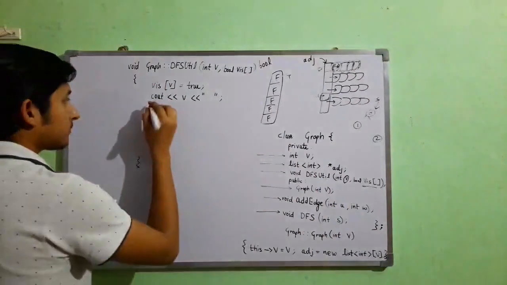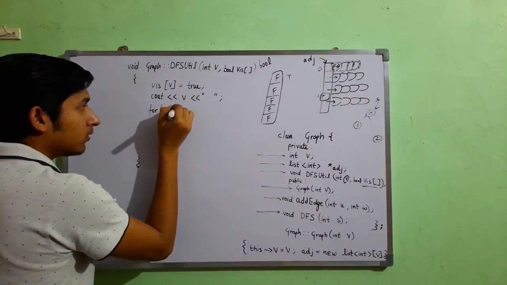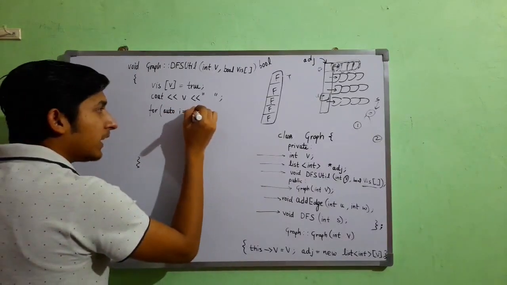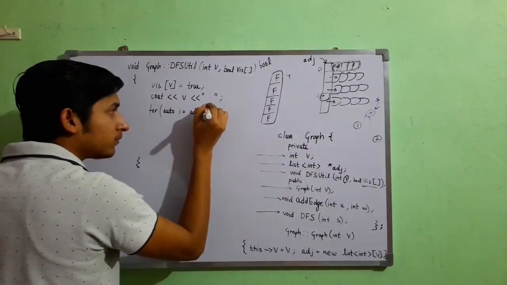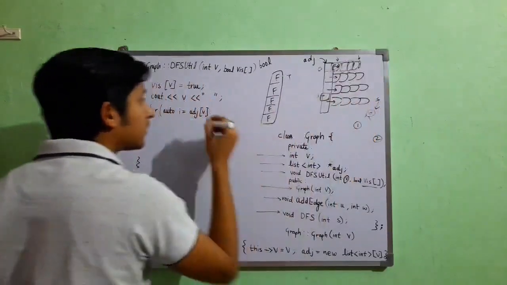So for auto i equals adj at v, from beginning of this to end of this.